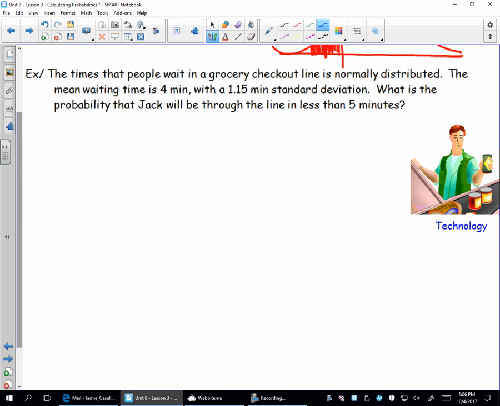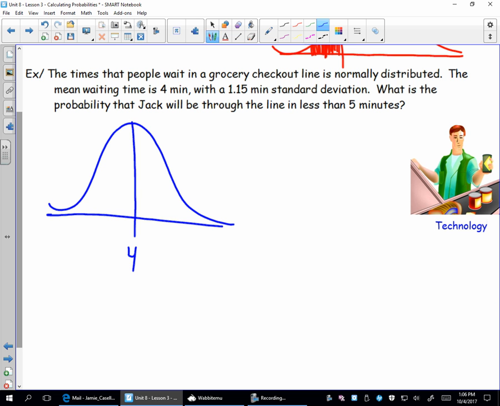So if we were to draw this based on what we did yesterday, the mean is 4. Jack wants to be less than 5 minutes. He's over here. One standard deviation is 1.15. So in other words, if I were to put a standard deviation here, I'd be at 5.15. So we've kind of just slightly missed that perfect number.